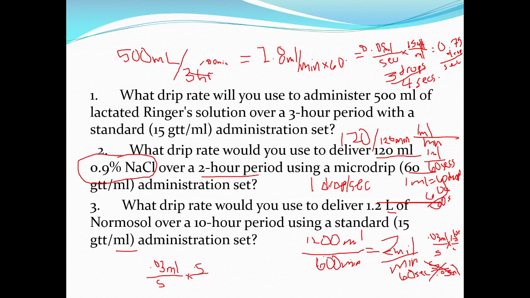Sorry, I'm doing this wrong. Every mil has 15 drops. So we multiply 0.03 times 15. That gives us 0.45 drops per second, which is about 1 drop every 2 seconds.